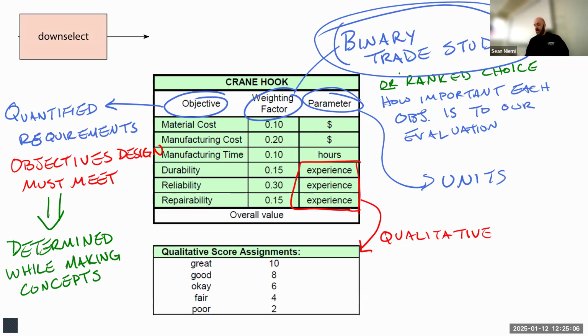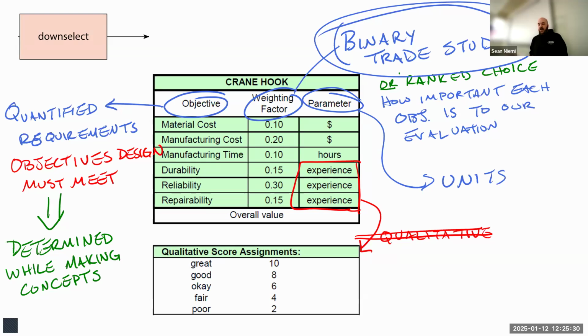For the purposes of DML, we are avoiding qualitative evaluations at all costs. We largely don't have enough experience to be able to qualitatively evaluate things. But also the point is to quantify different values that go into your design, because quantitative evaluations carry the most weight.